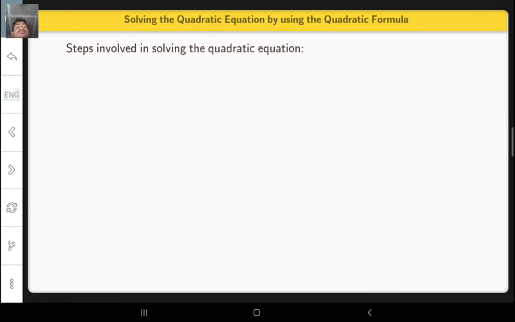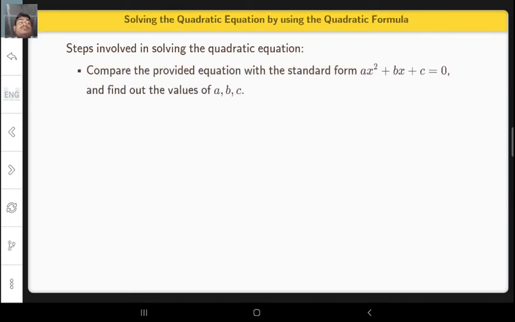The steps involved in solving the quadratic equation by using the quadratic formula are: compare the provided equation with the standard form ax square plus bx plus c is equal to 0 and find out the values of a, b, c.